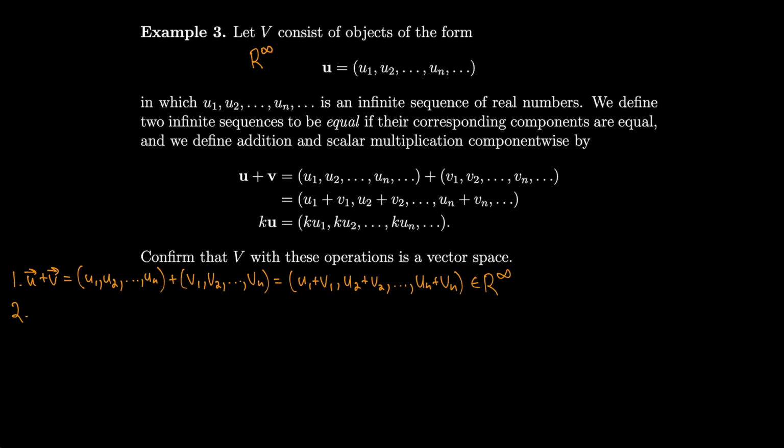Let's do number 2. We need to check that u plus v is v plus u. So we'll again write out u and v in terms of the components. This is what we'll do pretty often when checking for vector spaces, unless we have something else that we can rely on that we already checked. So we'll write u plus v is (u1 plus v1, u2 plus v2, and so on).